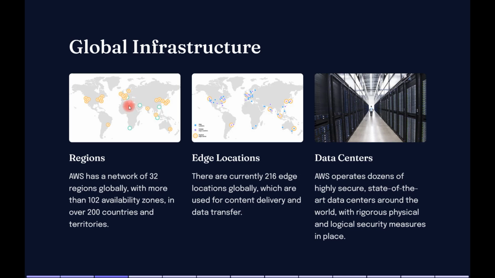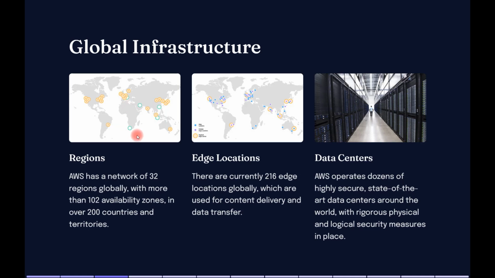So there might be a US East, West, or Europe region, or we can have an Asia Pacific region, and there are many more. Right now, as per today on the AWS website, there are 32 regions globally available with 102 availability zones, spread across more than 200 countries and territories. So these are the regions where we deploy our solution. Let's see how all the components within the region are defined and configured.